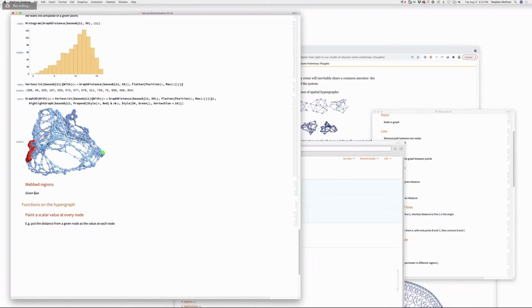But what I'm thinking of, okay, given a point and a geodesic not through that point, find the webbed region formed by all geodesics from the point to the given geodesic.